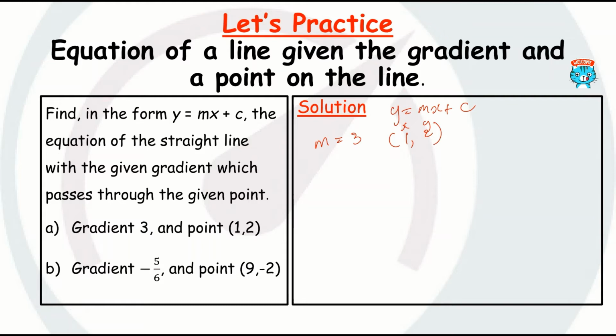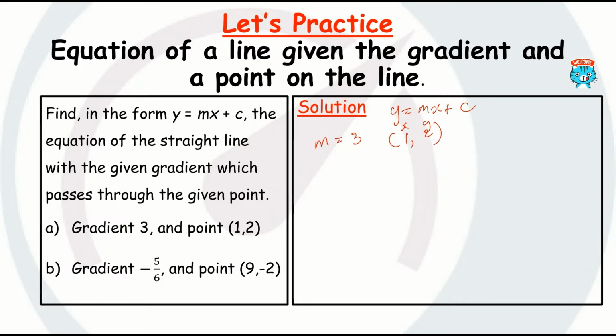Now we're going to substitute, yes, algebraic substitution. Algebra is everywhere. We're going to substitute the values for x and y and m into our gradient-intercept form, y equal mx plus c, and find the value of our y-intercept, which is the variable c.